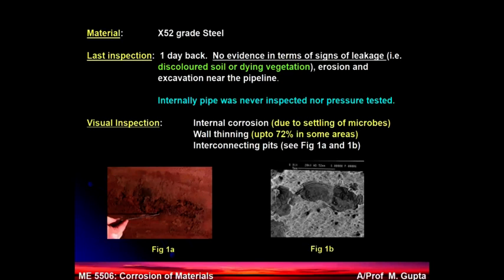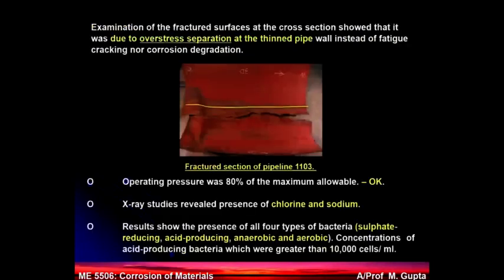The pipe was never inspected, not pressure tested, and that was the biggest mistake made. Apparently when they analyzed it, they saw the presence of pits on the surface of the pipe, and a high magnification picture shows you that these pits are going deep and compromising the thickness of the pipe.